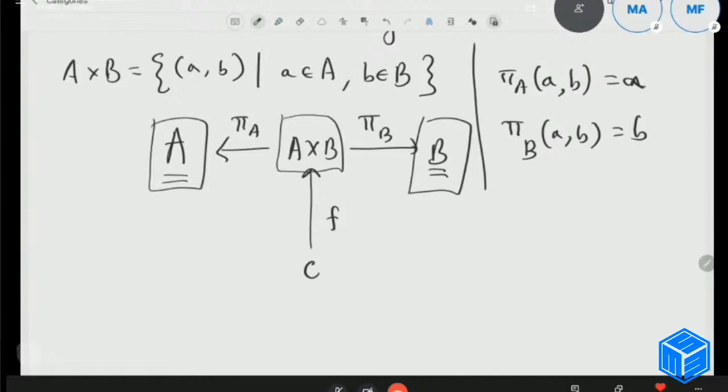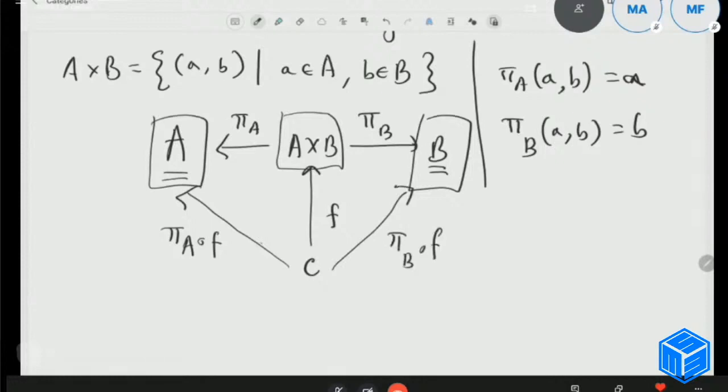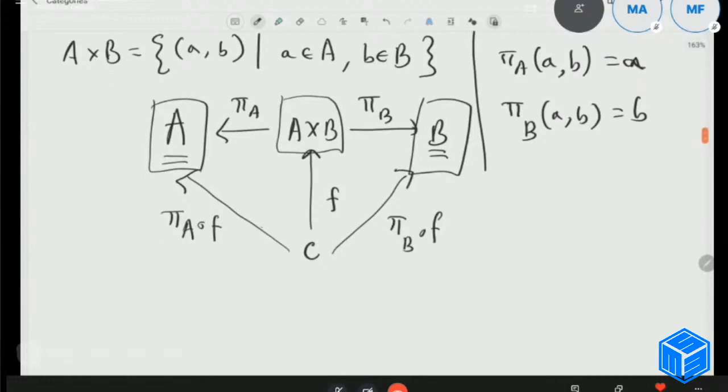What's the most natural thing to do here? It would be pi of A composed with F. That's exactly it. So pi of A composed with F, and on this side pi of B composed with F.